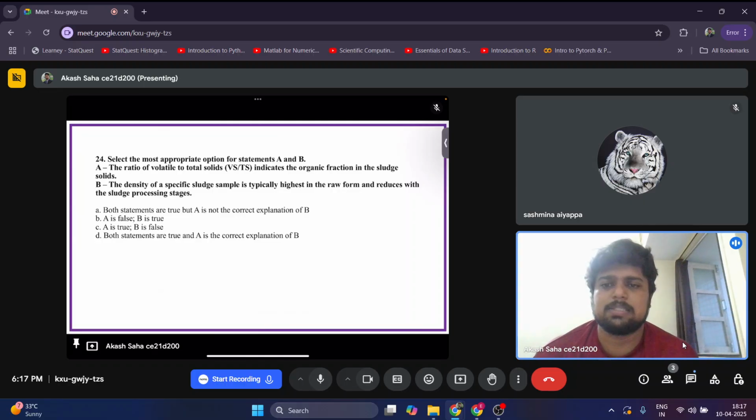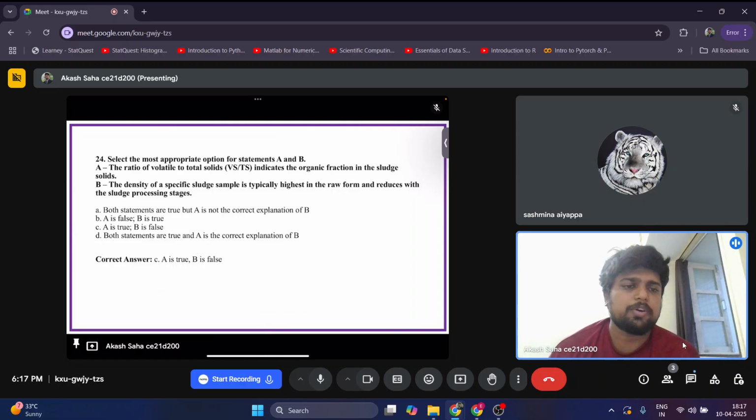It will not decrease. That means statement B is false. So the correct answer is C: A is true and B is false. Because as we process the sludge, we remove the water content and increase the solid content, so the density will definitely increase.